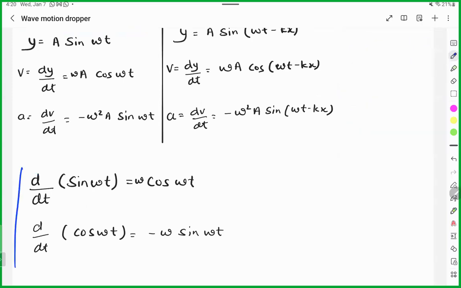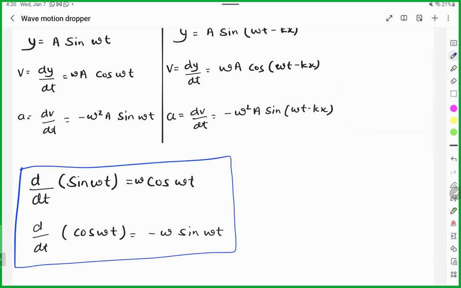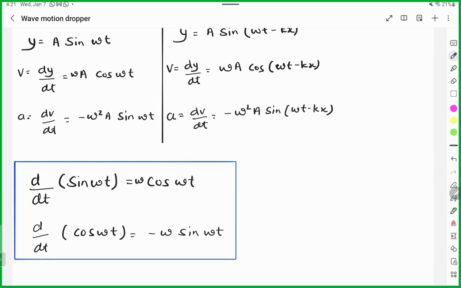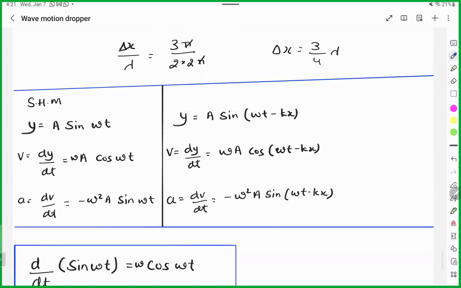Understood, guys? Any doubt? Differentiation of sine is cos, differentiation of cos is minus sine. That's why we wrote this. So same as SHM. That's why most people read SHM, wave and wave optics together, especially NEET droppers.